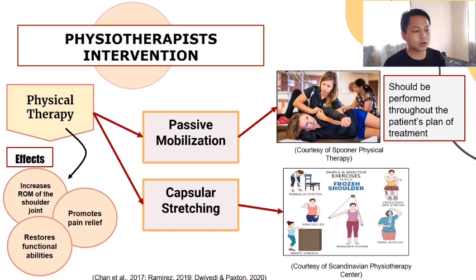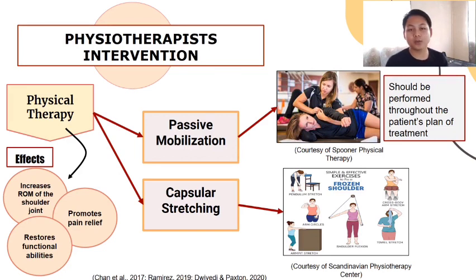The effects of physical therapy are: it can increase the range of motion of the shoulder joint, promote pain relief, and restore functional abilities. Based on the picture we can see from the slide, for passive mobilization, the patient will be lying on a plinth or any bed, and the physiotherapist will perform passive mobilization on the patient's affected shoulder.